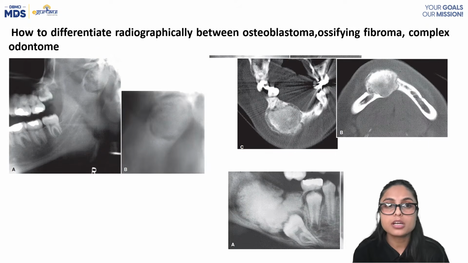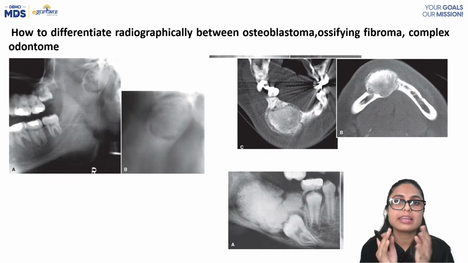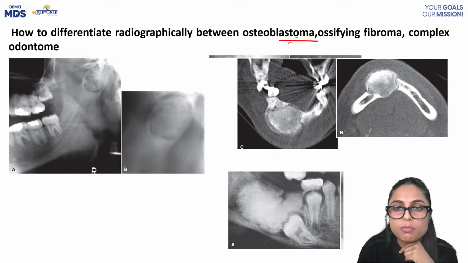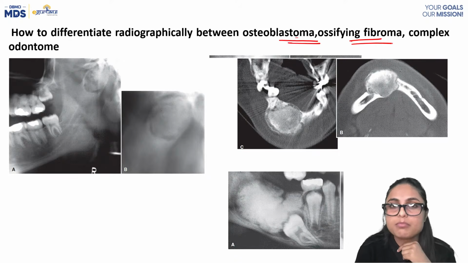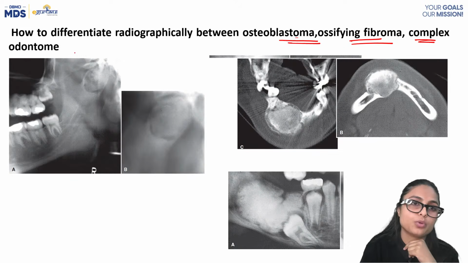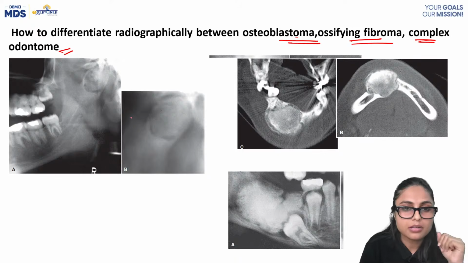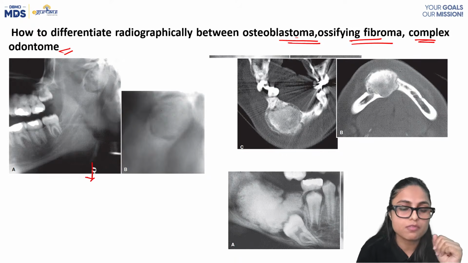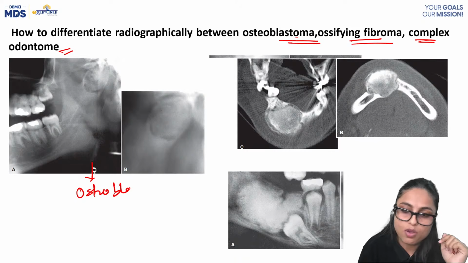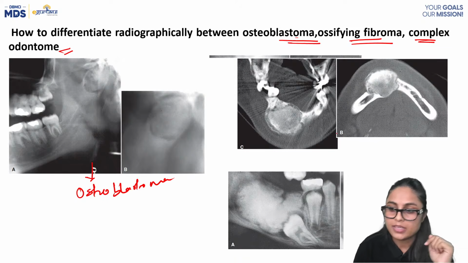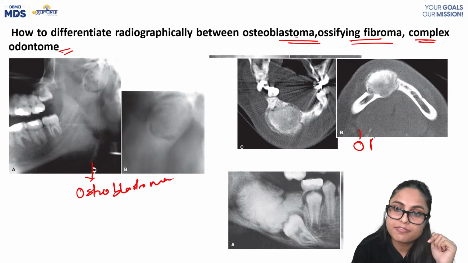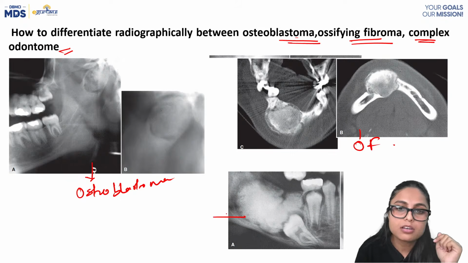Now coming to the third question: how to differentiate radiographically between osteoblastoma, ossifying fibroma, and complex odontoma. Here I have put the radiographs of all these three entities. First is osteoblastoma, second one is ossifying fibroma, and third one is complex odontoma.